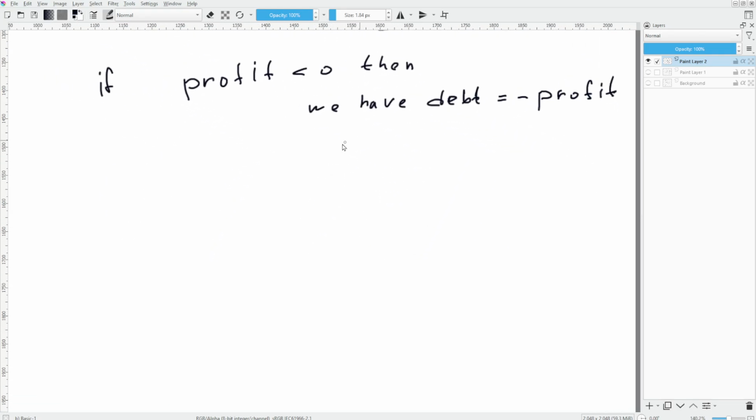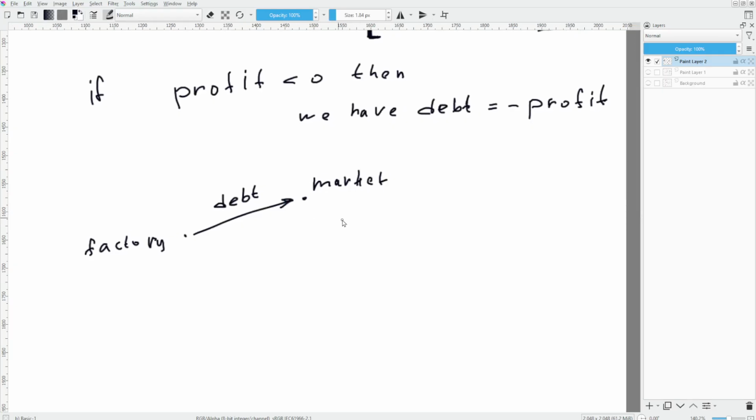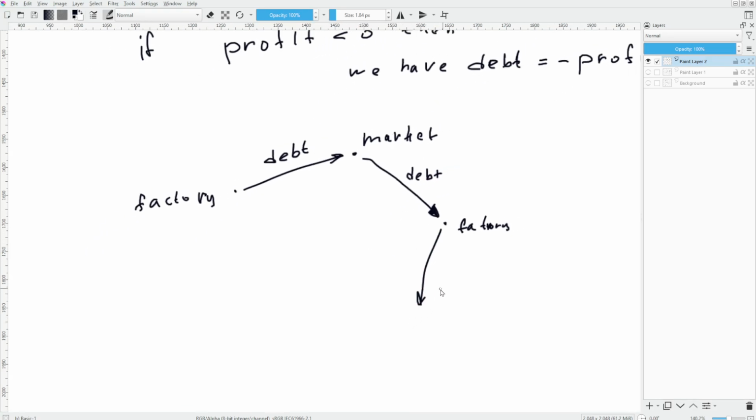And then we could have a certain graph-like structure: you have a market, you have a factory, there is a debt. A market is indebted to someone else, another factory, there is a certain debt. Maybe a factory is indebted to workers.